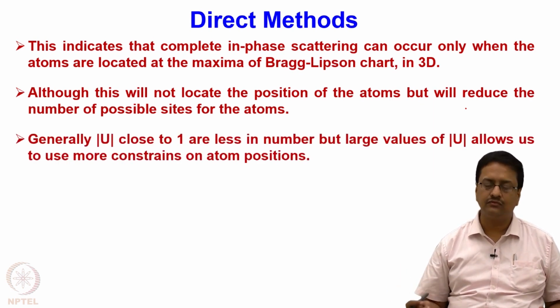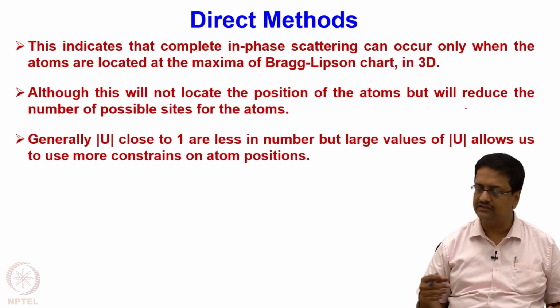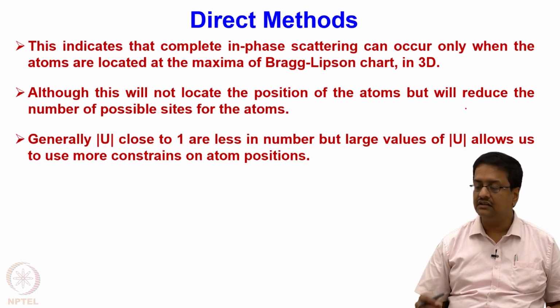Generally, U close to 1 are very less in number, which we have already indicated in the previous few slides, but large values of U allow us to use more constraints on atom positions.